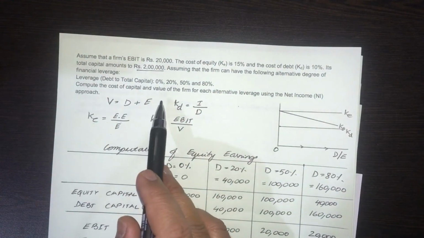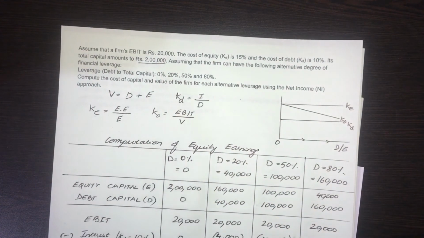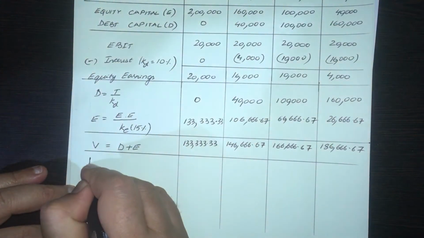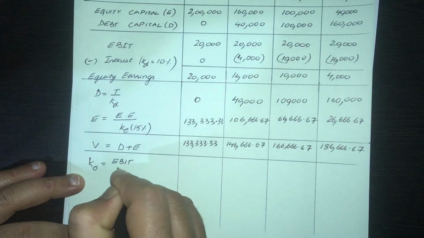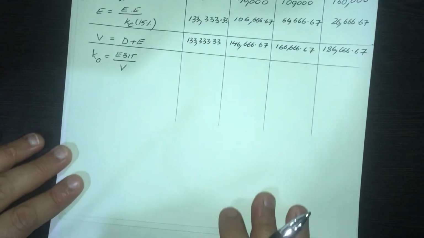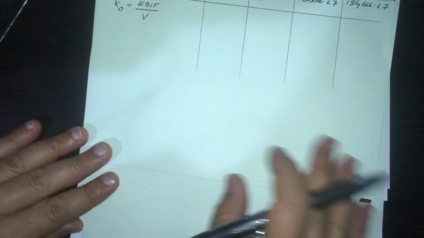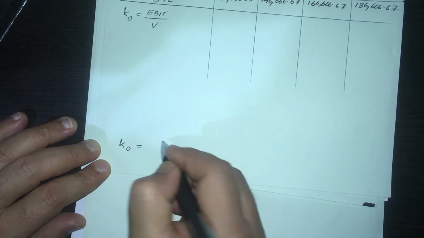Now, we're supposed to find out the total market value of the firm as well as the cost of capital, KO, the overall cost of capital. And what is KO? KO is equal to EBIT divided by V. Alternatively, let me show you another formula.